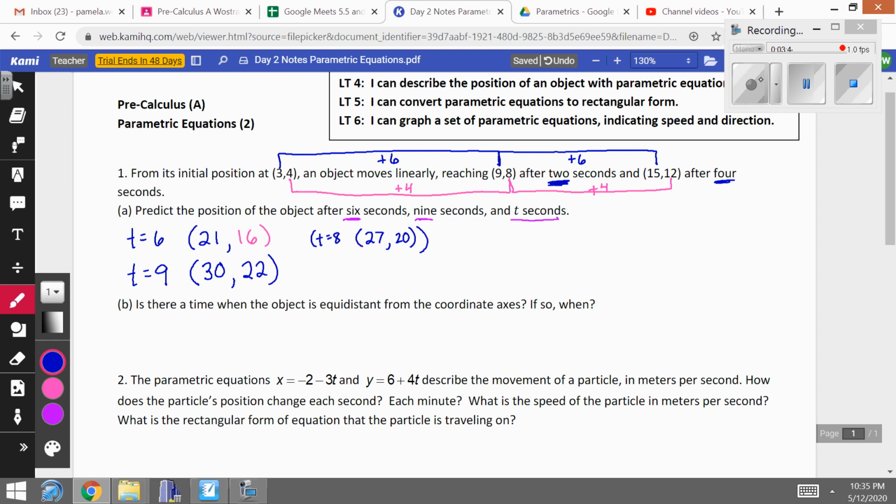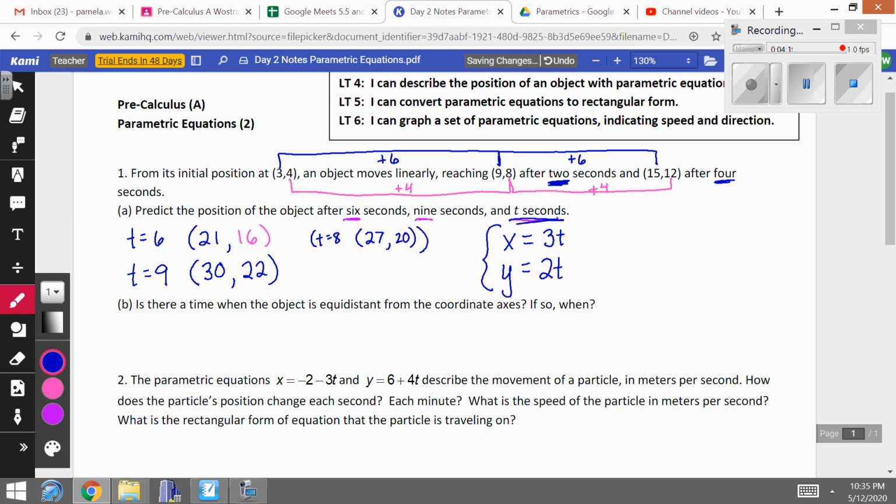But now we want to think about after t seconds. So really here, we're coming up with our x and our y. This is really coming up with our parametric equations. We said every 1 second, it goes 3 to the right, and every 1 second, it goes 2 up. So if it goes 3 to the right every 1 second, that's really 3t. If it goes 2 up every 1 second, that's 2t for the y coordinate.